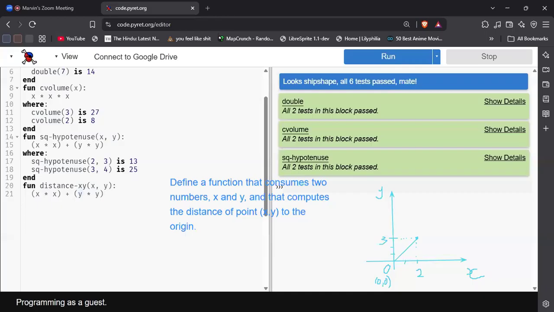Yes. So you're probably asking, how do I do the square root, right?